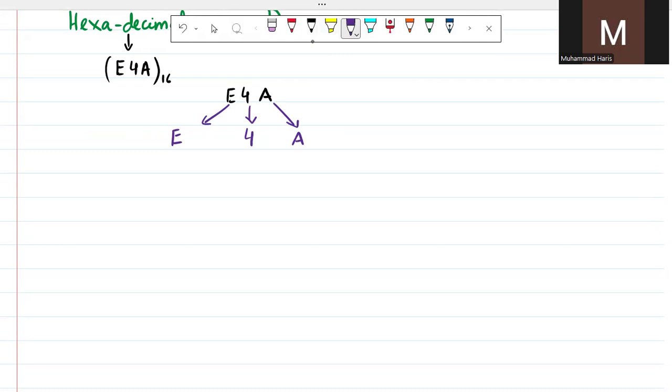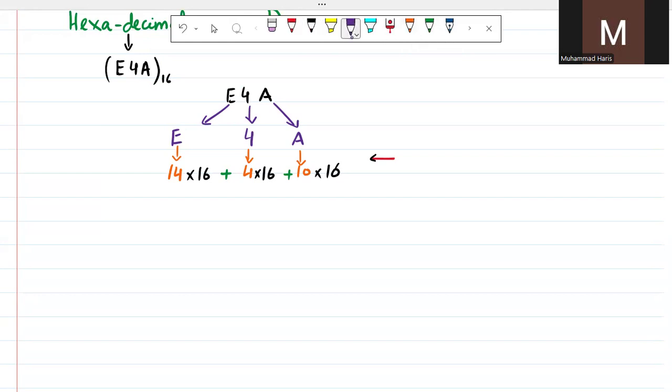And what is that? E, we know that in the hexadecimal number system, E is considered as 14, A is considered as 10, and 4 is 4. So first convert all these, then multiply each by 16 and add them. Start giving powers from the left-hand side up to the right.